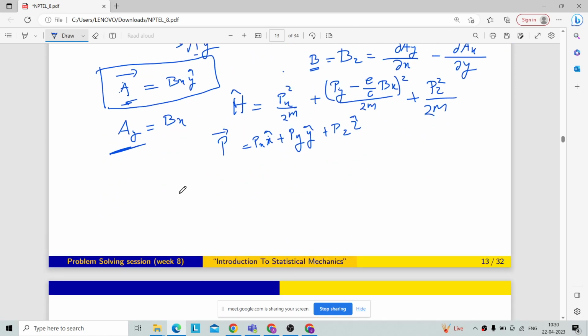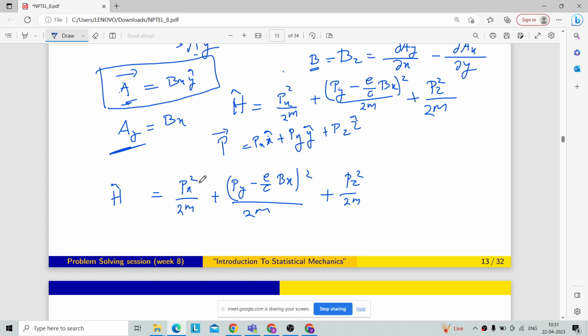So let me write down the total Hamiltonian. H is Px square divided by 2m plus Py minus e over c Bx whole square over 2m plus Pz square over 2m. So this is my total Hamiltonian in the magnetic field B, which is applied in the z direction, right?